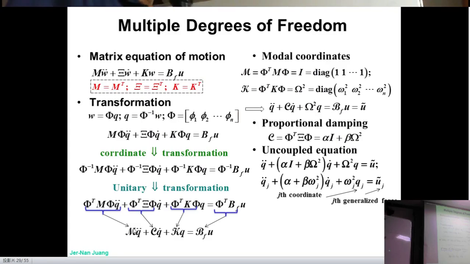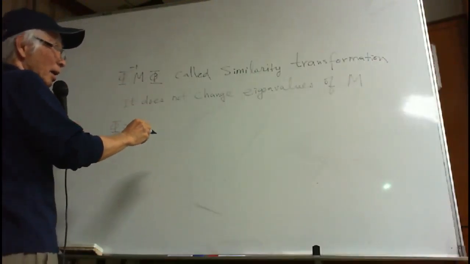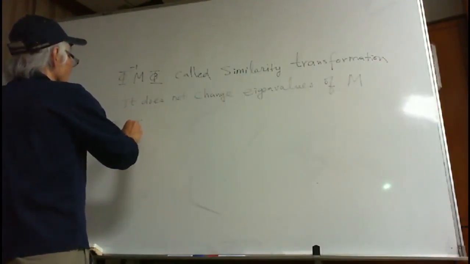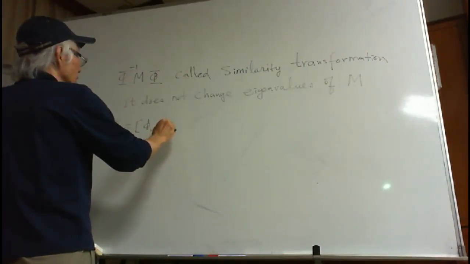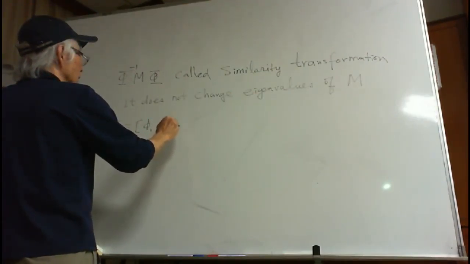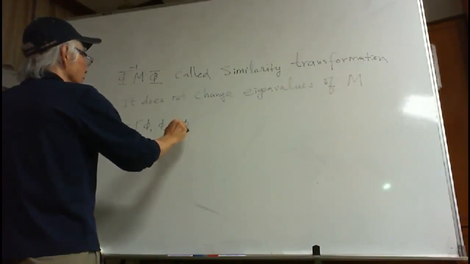All right. Let me also explain a little bit here. You can switch back again. Okay. Yeah, I explain to you here. Phi. Now I have phi 1, phi 2 to phi n.